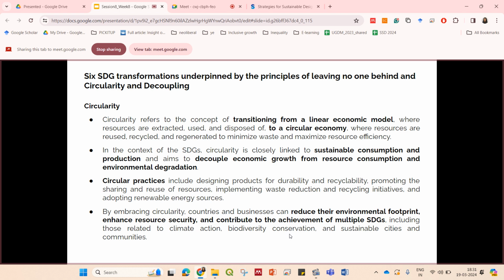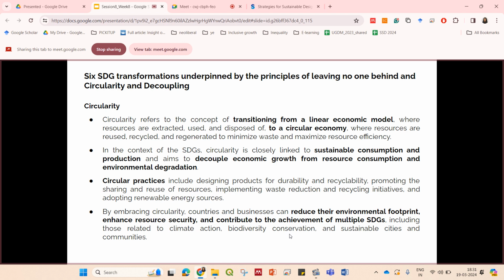Circularity refers to the concept which wants to transition from this linear economic model, where resources are extracted, used, and disposed of, to a circular economic model where resources, even after the end of the use of that particular product, are reused in other ways.